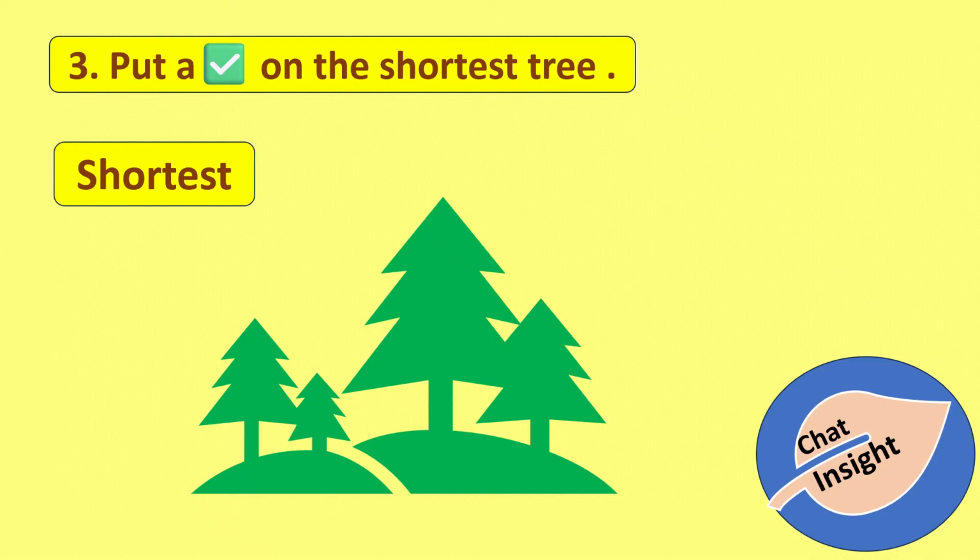Okay, if we draw a line, it is from here to here. So it's the longest. And this one is shorter than the longest, and it is also shorter than the first one.